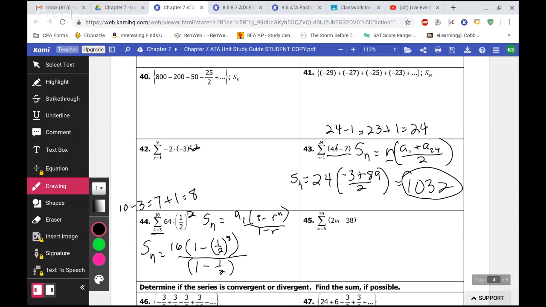So you're going to have 16 times open parentheses, 1 minus 1/2 to the 8th power, close parentheses. Like your 1/2. Does that make sense? Or you could do 0.5, raised to the 8th power.